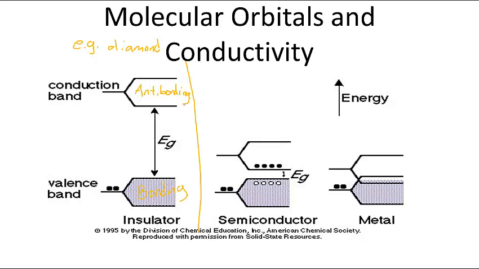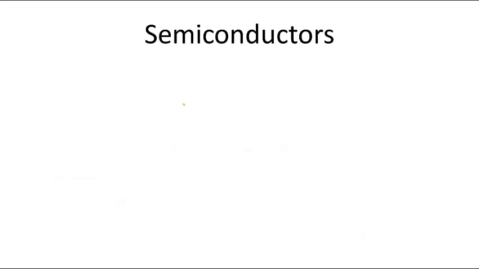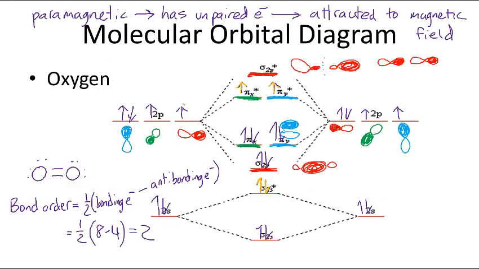And there's this energy gap between them. So on the previous diagram, really that energy gap would be the gap between pi and pi star.